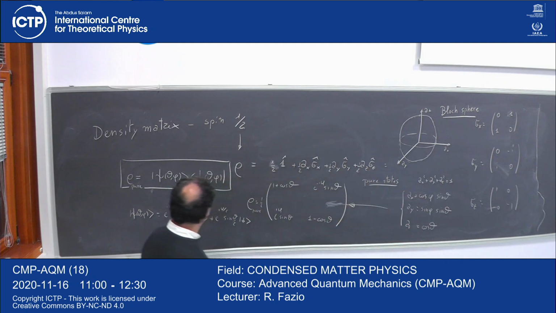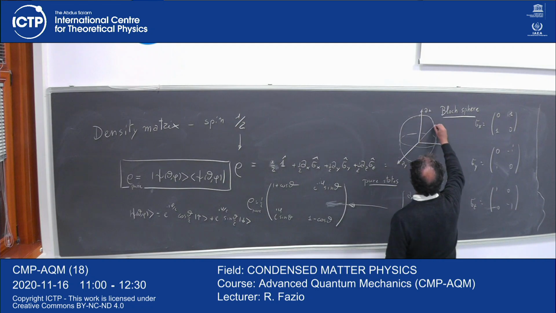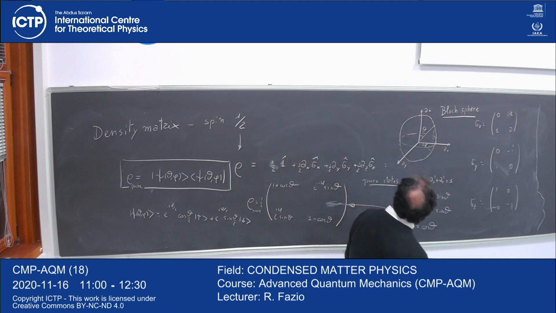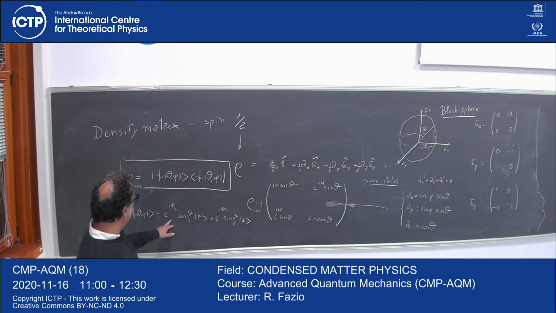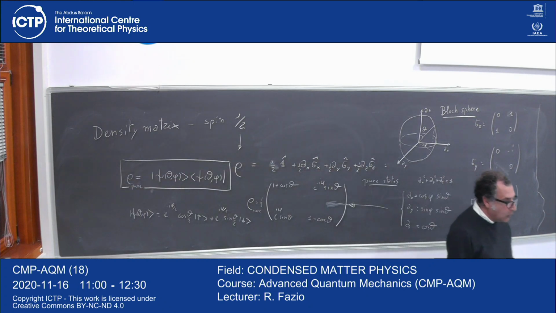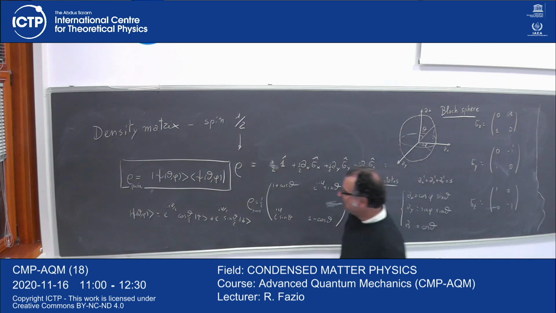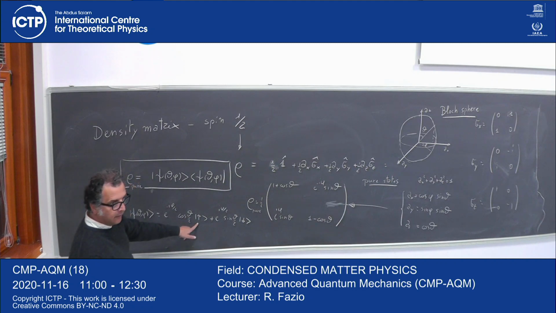Basically these theta and phi are just the angles like this. This theta is this angle, and this is phi. So let's take, for example, theta equals 0 and phi equals 0. What is the state? For theta equals 0 and phi equals 0, it's just up.